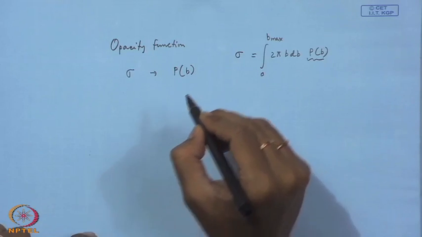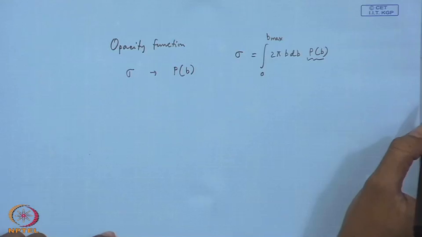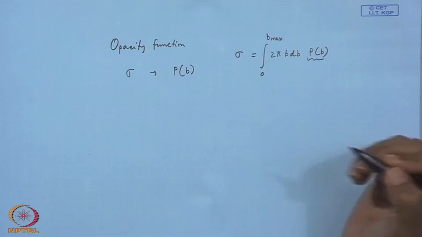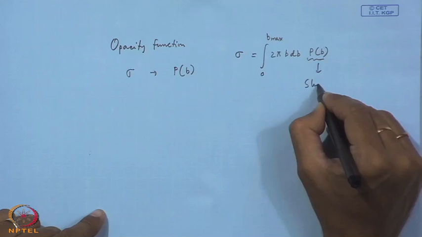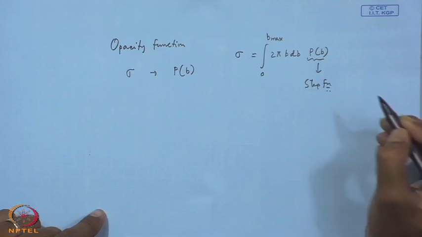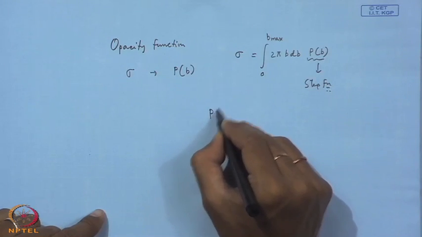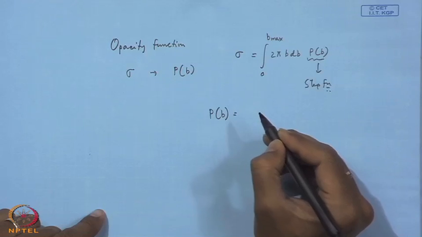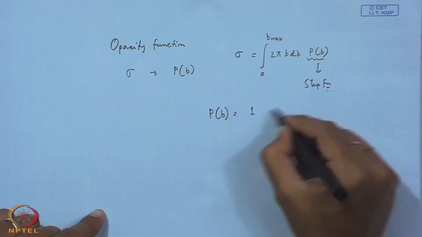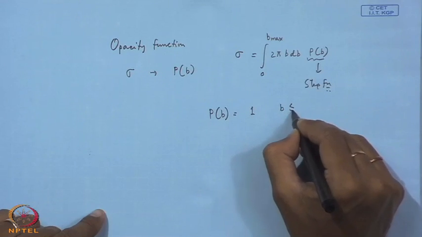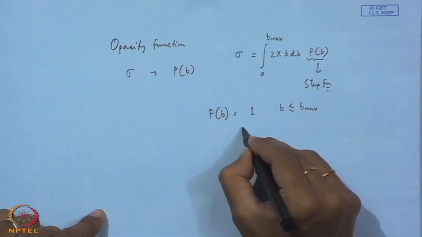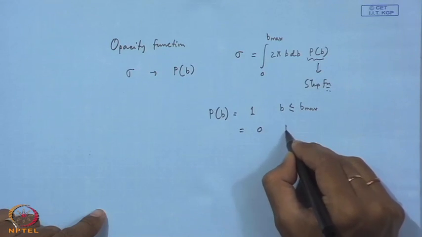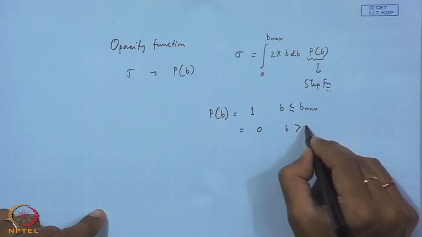Let us have its functional form like a step function, such that Pb is equal to 1 when B is less than or equal to B max, and is equal to 0 when impact parameter B is greater than B max.